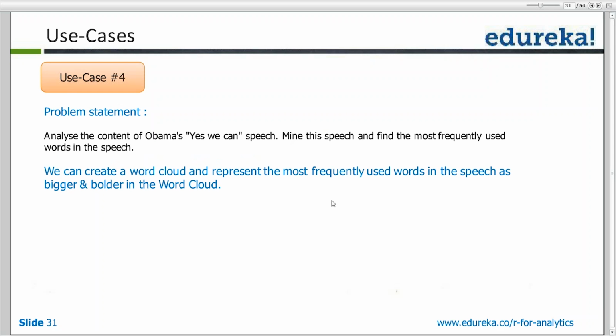And then another interesting application in R, not so much analytics as such, is that you could analyze the content of Obama's "Yes We Can" campaign speech, and then create a word cloud of the speech, identifying the frequency of words by their sizes, or visualizing the frequency of words by their font sizes.